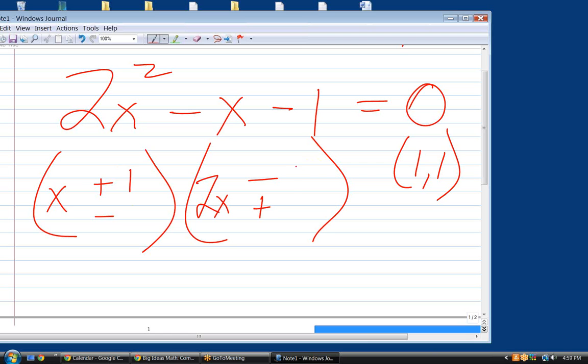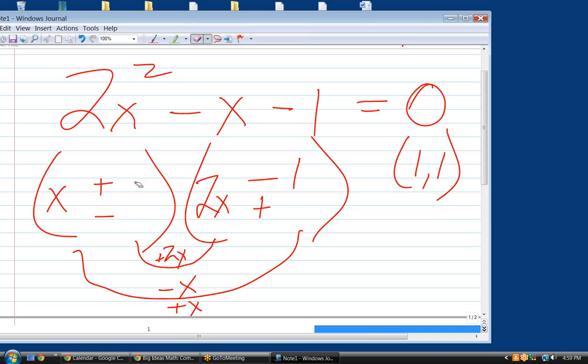Either I got a 1 there and a 1 there, or I got a 1 down here and a 1 here. Well, if I try this solution and I check my middle term, I got a plus 2x, I got a minus x. That gives me plus x as a middle term. That's not right. I need a minus x as a middle term. Aha, let's move that 1 down.